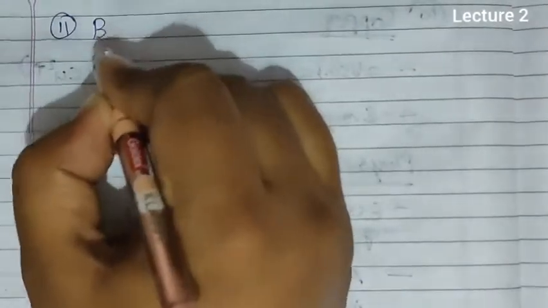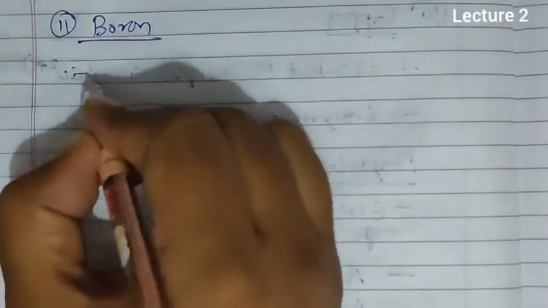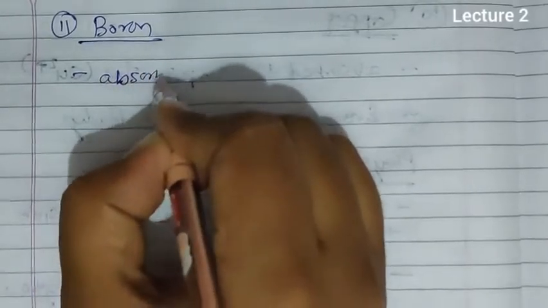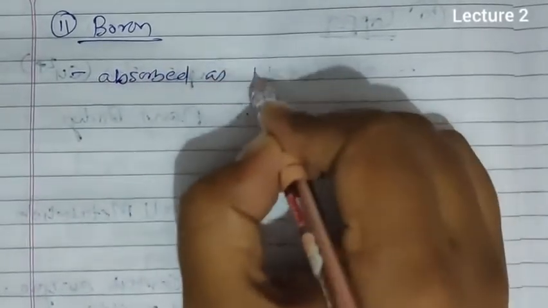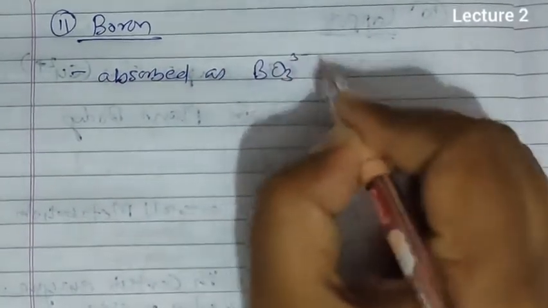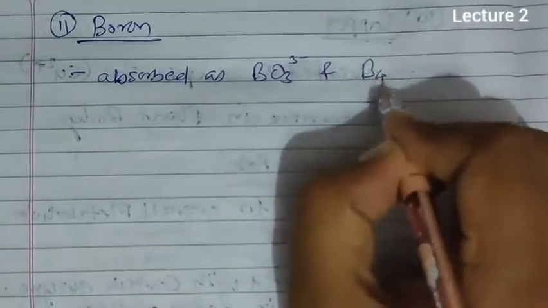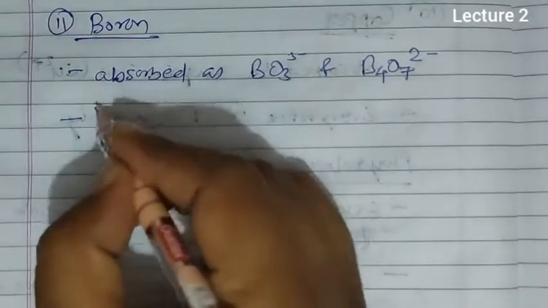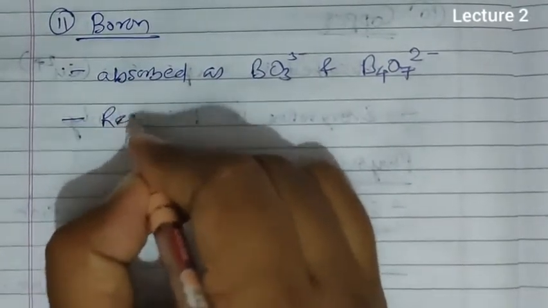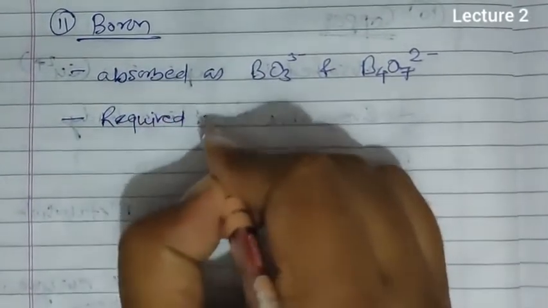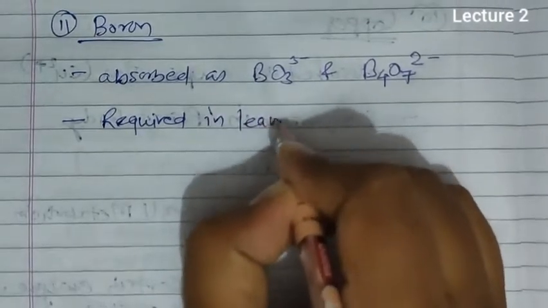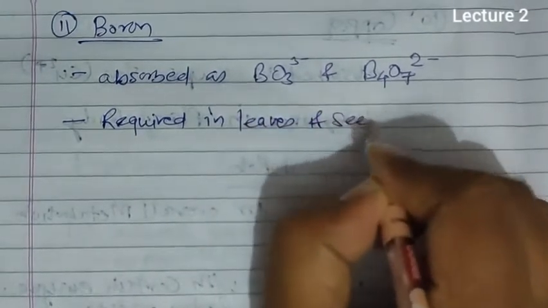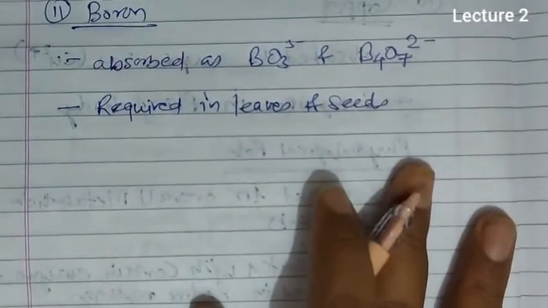Next microelement is boron. This boron is absorbed as BO3 3 minus and B4O7 2 minus. It is required in leaves and seeds.